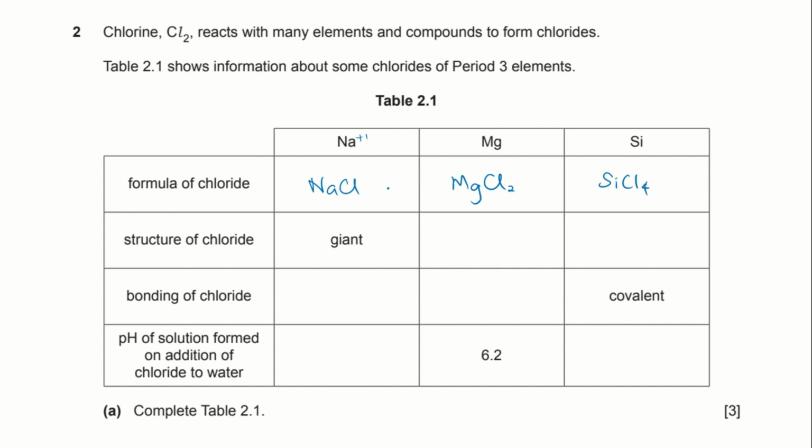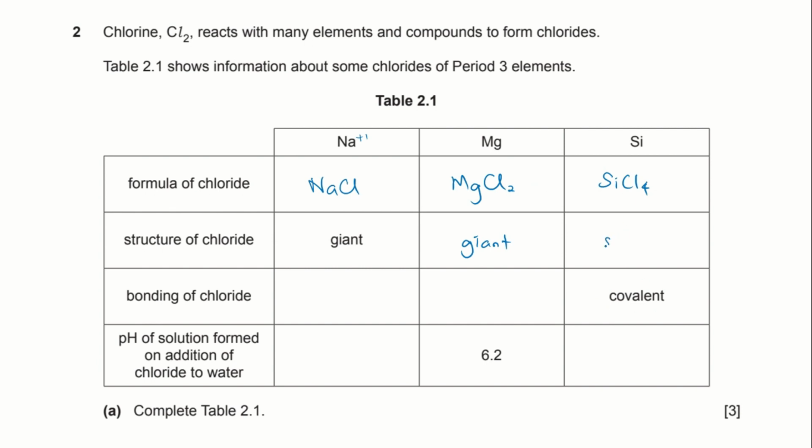Now, sodium chloride is a giant ionic structure. Same goes for magnesium chloride. Okay, metal and non-metal. Now, moving towards p-block elements in a period, they start forming covalent compounds.